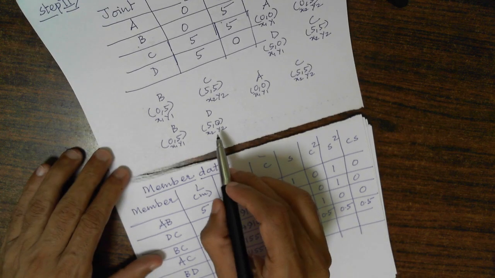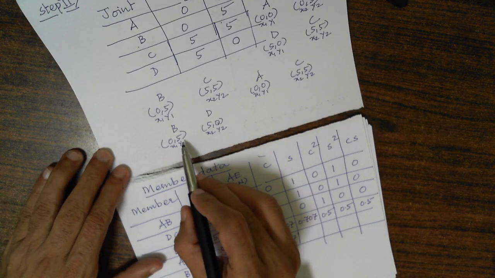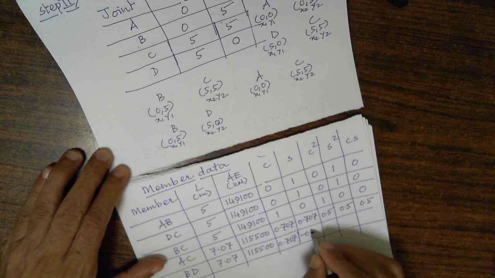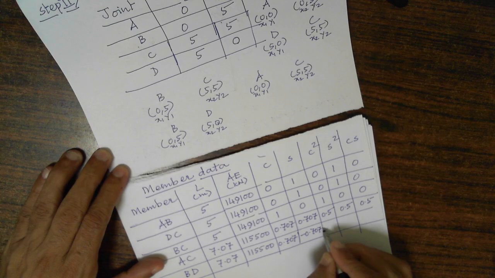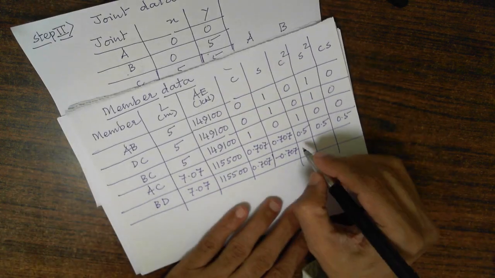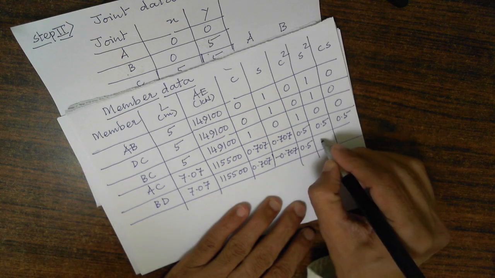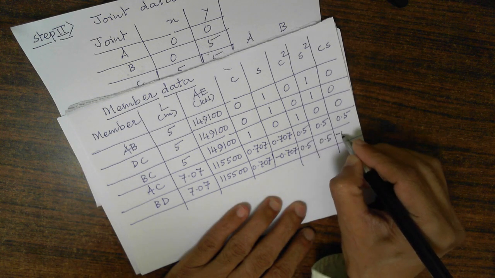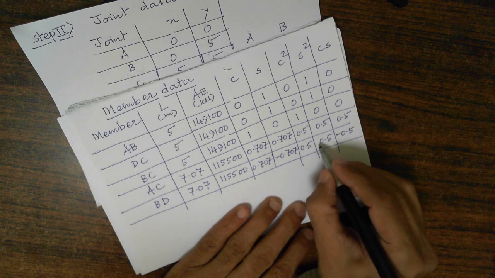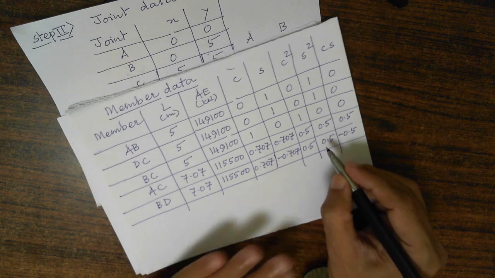And y2 minus y1, that is 0 minus 5, that comes out to be minus 5 divided by 7.07, that is minus 0.707. So for BD, sin is negative, and cos sin will be minus 0.5. Cos square will be 0.5. Sin square, square of a negative value, is again 0.5. So this is the beauty.